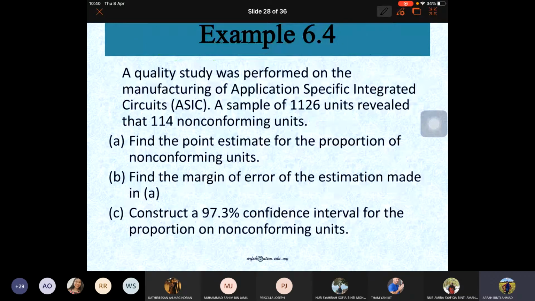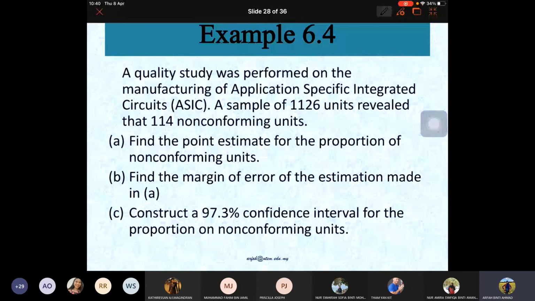So example 6.4. A quality study was performed on the manufacturing of application-specific integrated circuits (ASIC), where a sample of 1,126 units revealed that 144 of the units are non-conforming. Find the point estimate for the proportion of non-conforming units.